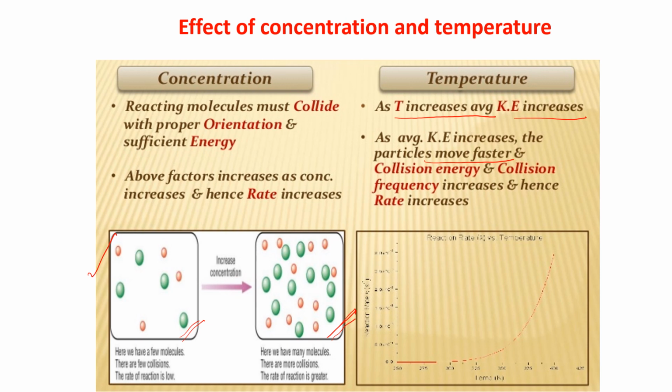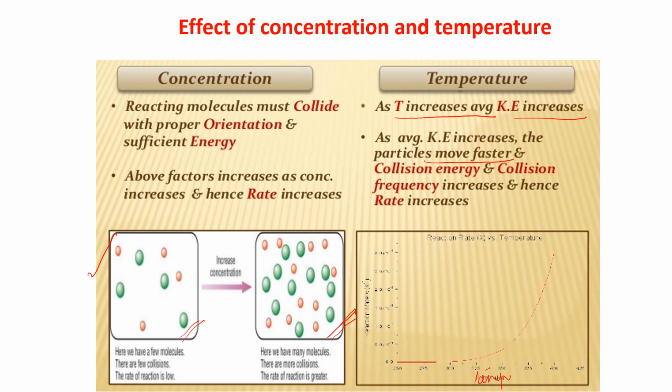And see, this is the graph with the temperature and the concentration. It is not visible actually. This axis is the reaction rate, and this is the temperature.